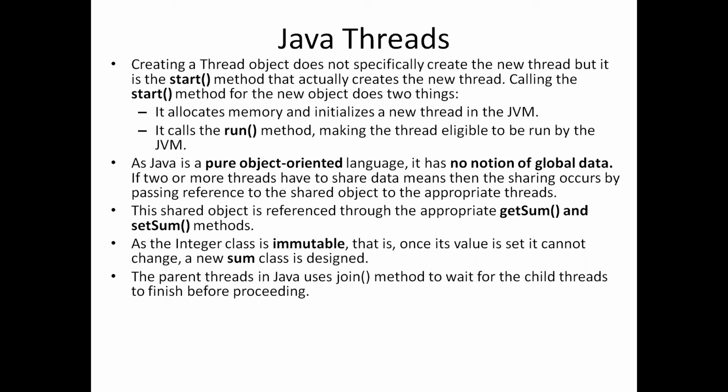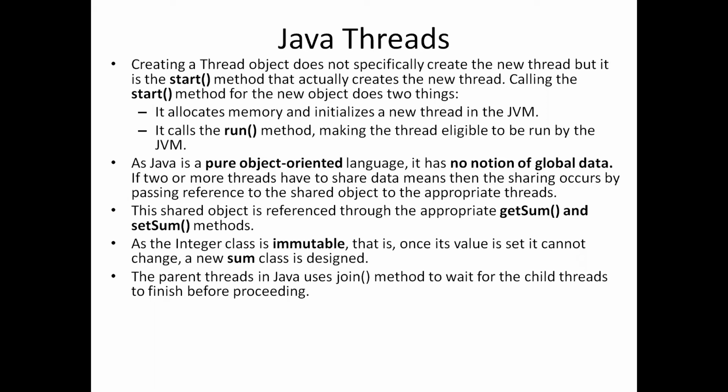Calling the start method on the new thread object does two things. One is it allocates memory and initializes a new thread in the JVM. The second is it calls the run method, making the thread eligible to be run by the JVM.